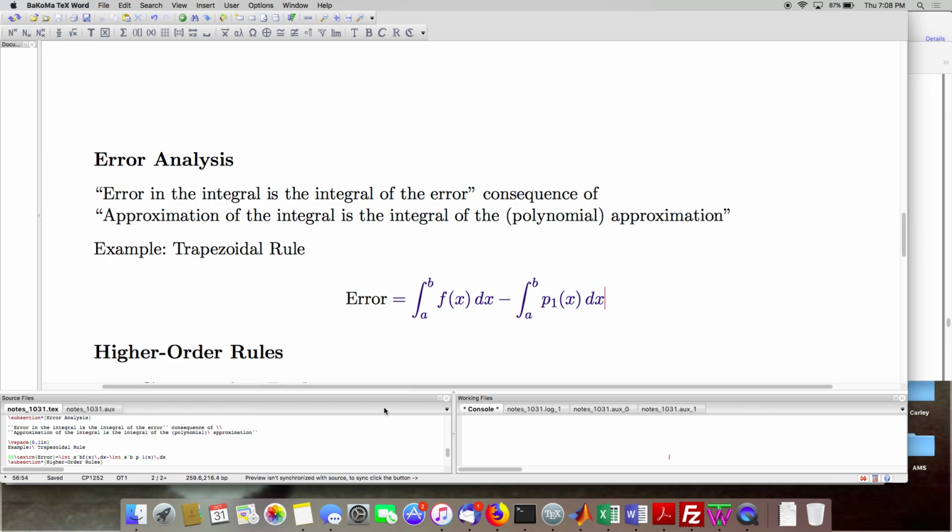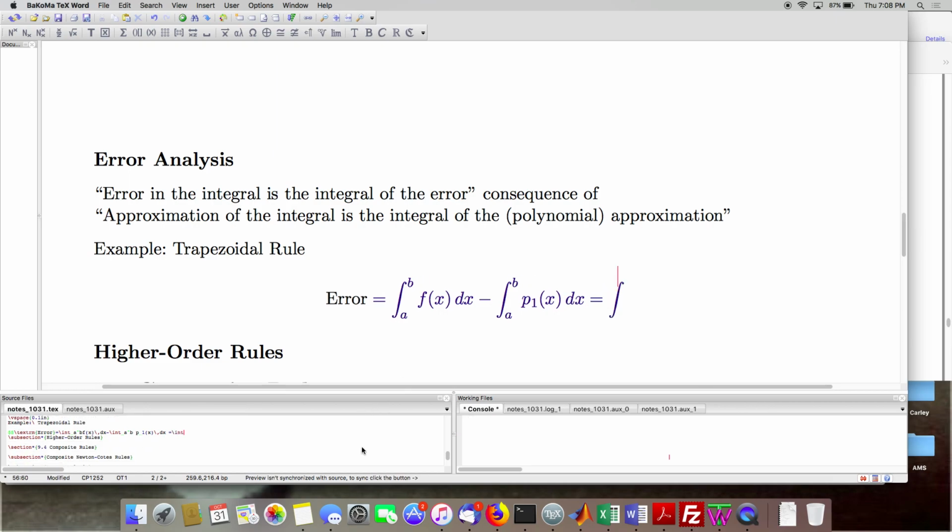So what that means is, now I can combine these into one integral, f minus P1. But f minus P1 is the polynomial interpolation error. So I'll just fill in what that is.